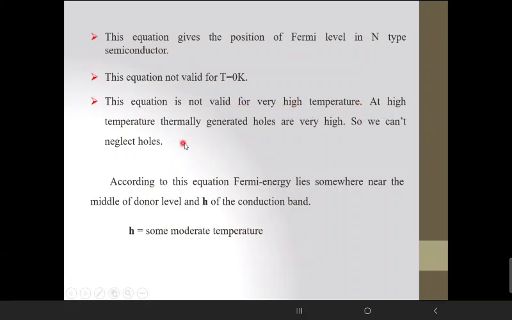At high temperature, thermally generated holes are very high, so we can't neglect holes. According to this equation, the Fermi energy lies somewhere near the middle of the donor level and the edge of the conduction band.